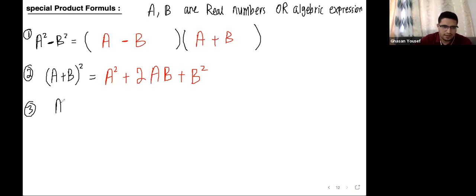Third property is the minus. If I have a minus b, everything squared, the same idea exactly like before. We're distributing the 2 inside the parentheses. So I'm going to get the first one squared, but instead of plus, I have to write minus 2 times the first term times the second term, plus the second one squared, b squared.